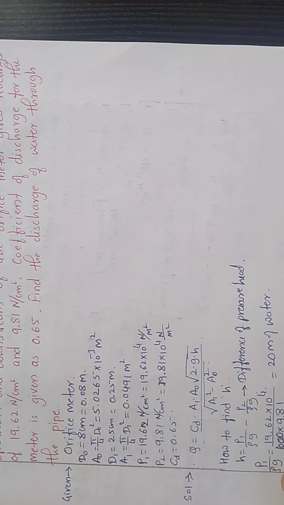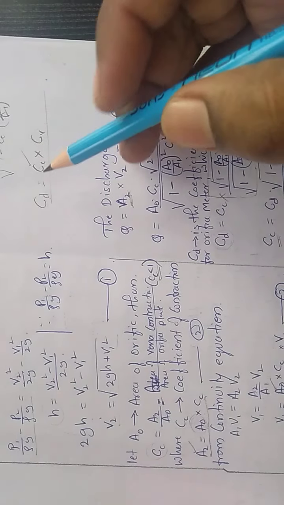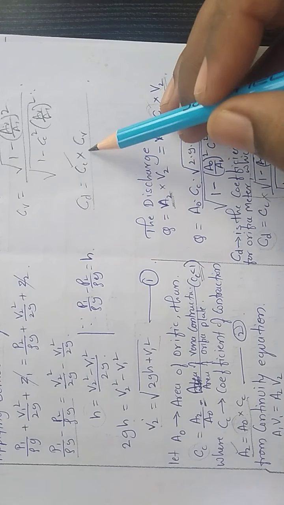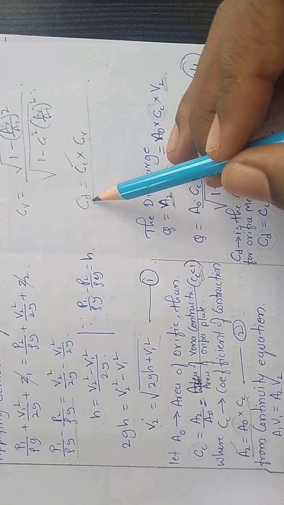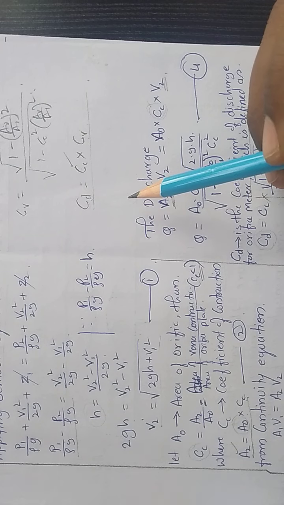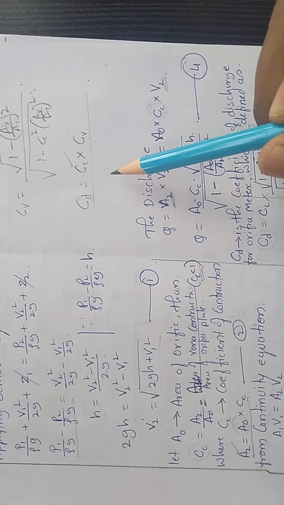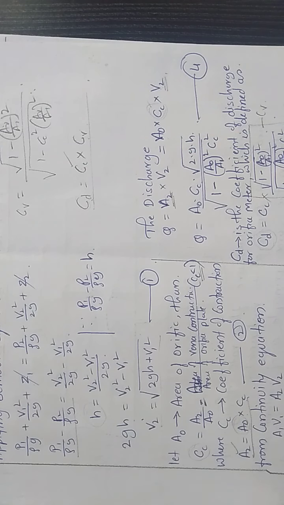One more important thing you have to remember is that the coefficient of discharge for the orifice plate is less. Unlike the Venturi meter, the losses using an orifice plate are more. There will be a permanent pressure head loss.